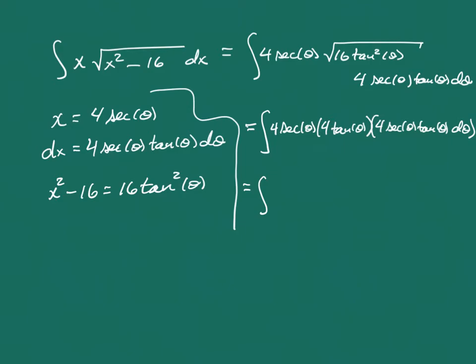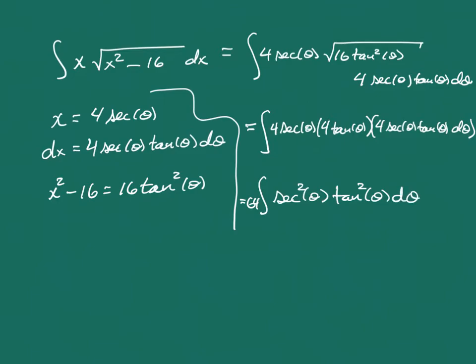So we get a 64 on the outside, our 4 cubed. Then on the inside, we've got 2 secants, so a secant squared, and 2 tangents for our tangent squared.